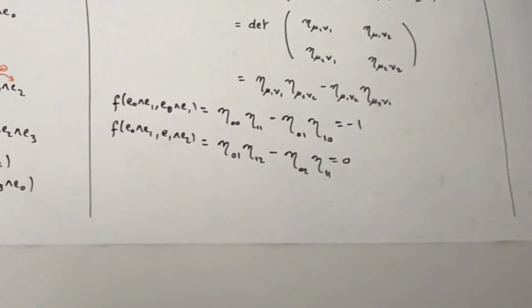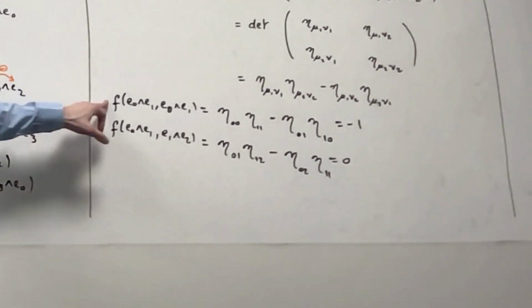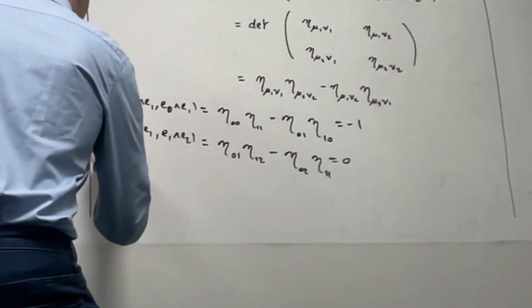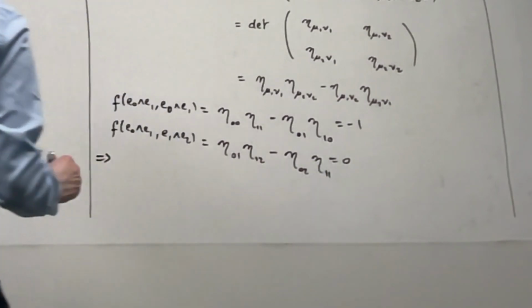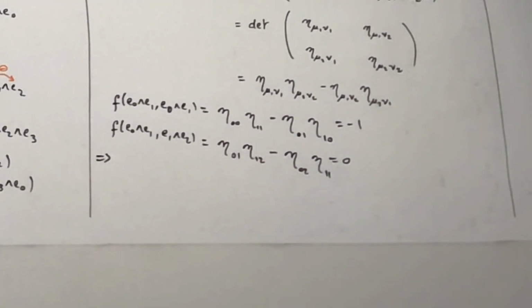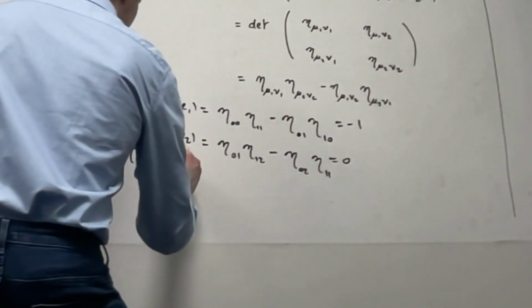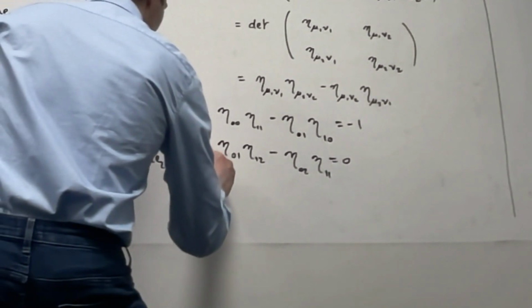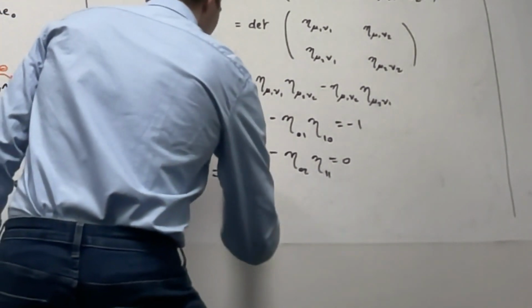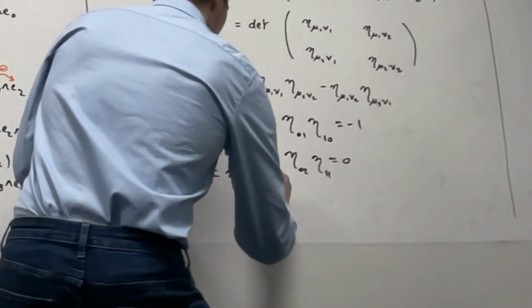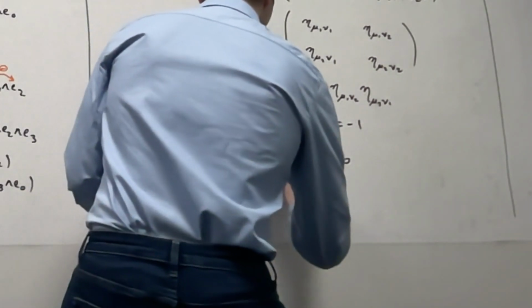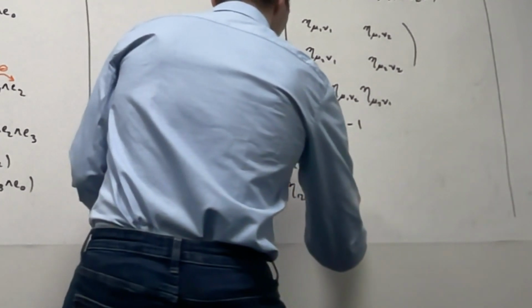So the bottom line here is that the only non-zero ones are this one, and then basically the other one is going to be, in the case of alpha 1 2, well, that's going to be associated to e1 e2, and then e1 e2, so that's going to be eta 1 1 eta 2 2, and then minus eta 1 2 eta 2 1.